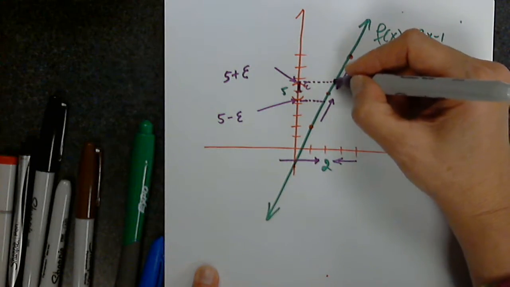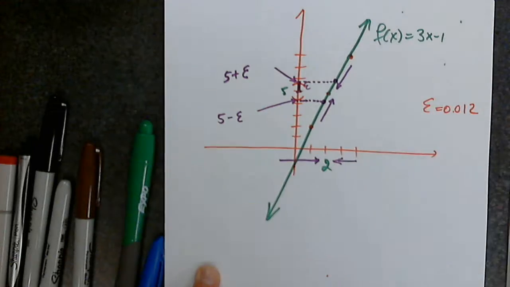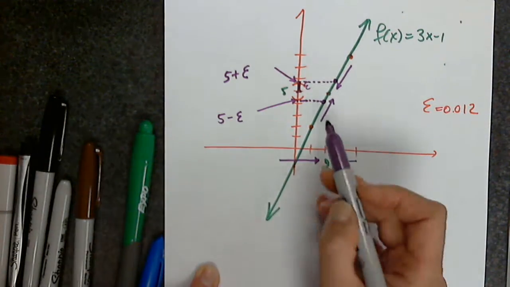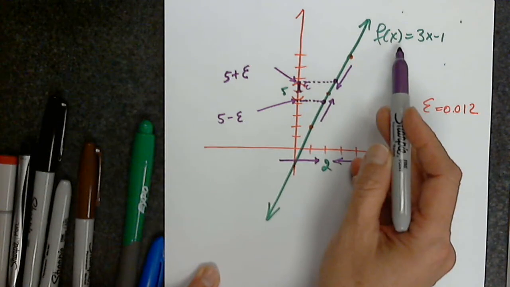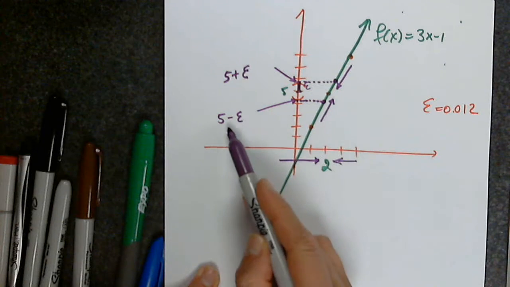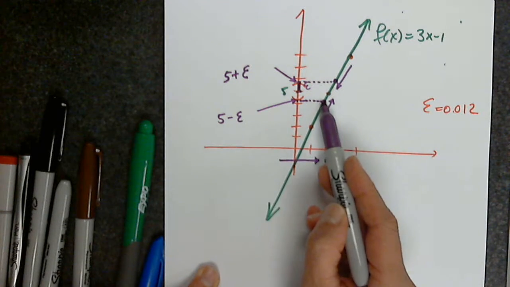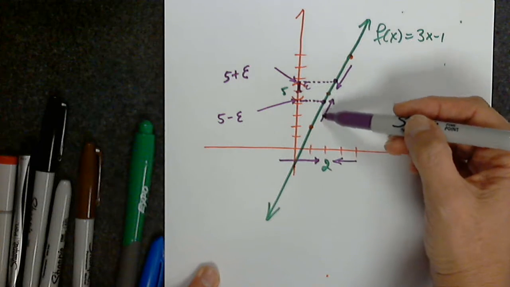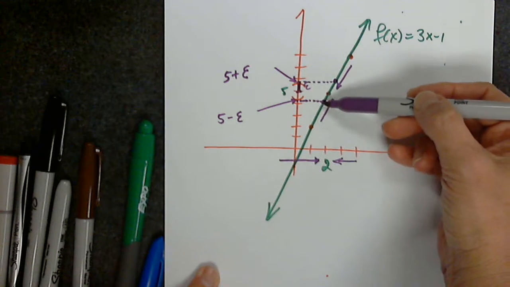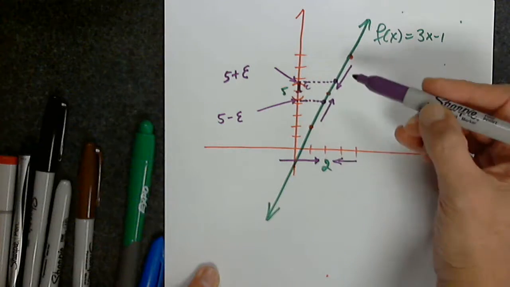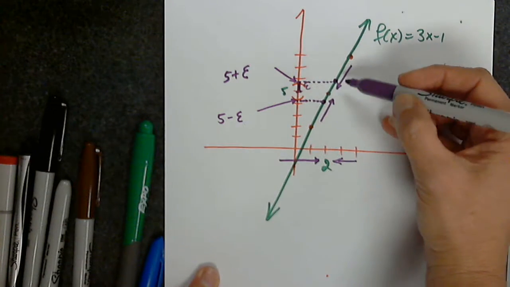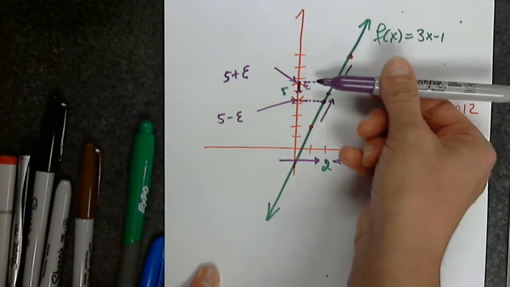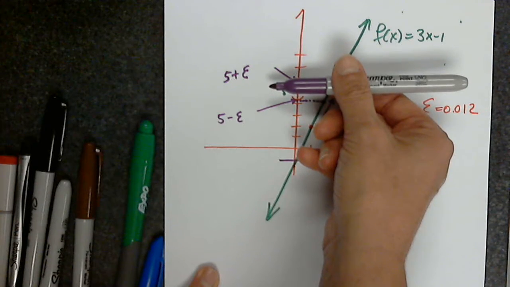I created now a point, and I created also another point, right? This point is f of 5 minus epsilon, right here. This height. It's some x, but the y value is 5 minus epsilon. And the same thing here is another point with some x, and the y value is 5 plus epsilon, right?